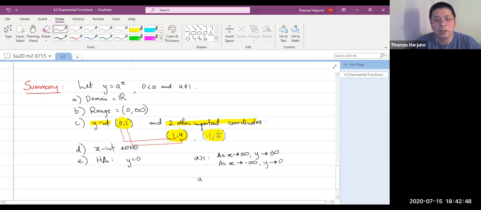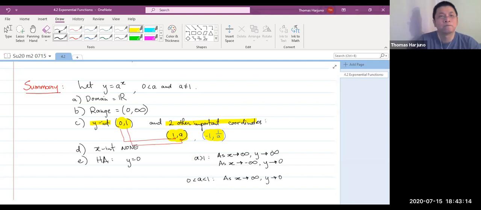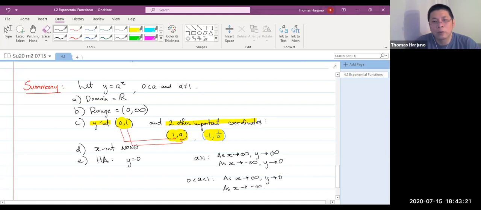Now, if a is between 0 and 1, then when x goes to positive infinity, y goes to 0. Imagine if you reflect this case here with respect to the y-axis, then you will get something on the left. So as x goes to negative infinity, y will go to infinity.